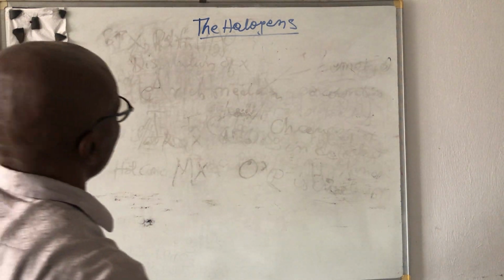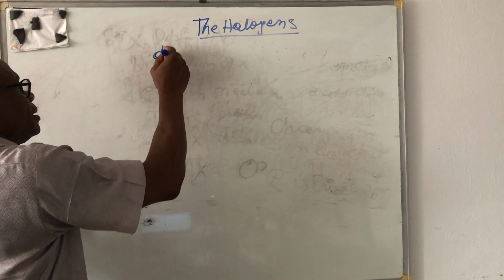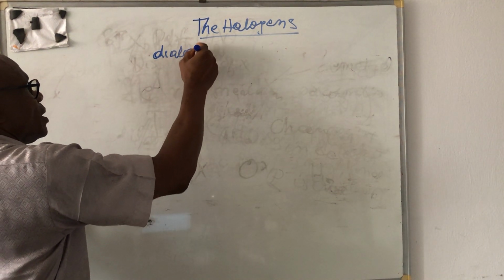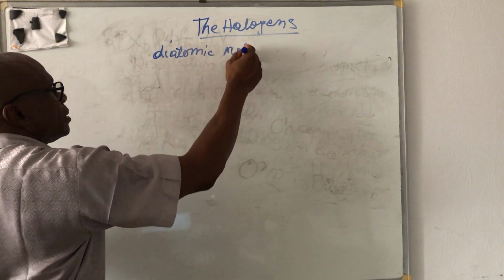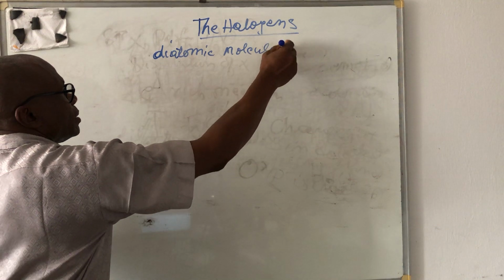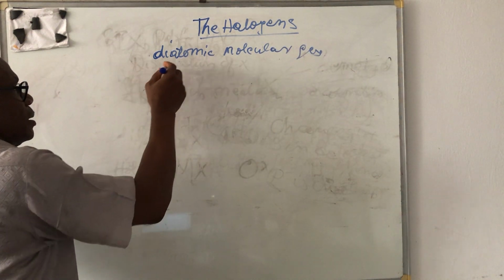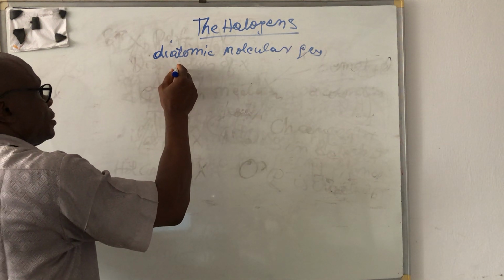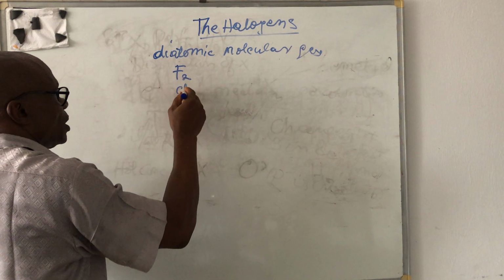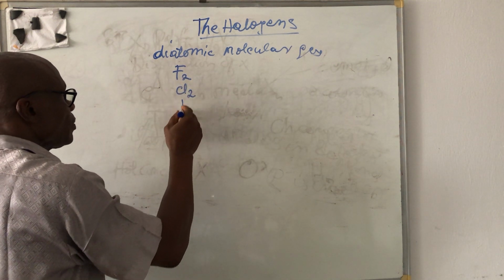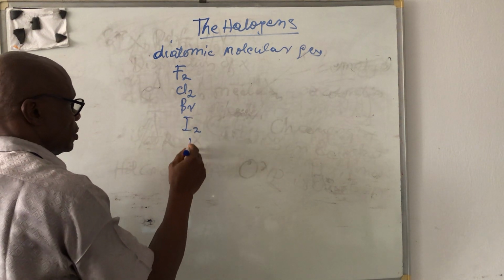In nature, halogens occur as diatomic molecular gas. They occur as F2, Cl2, Br2, I2.